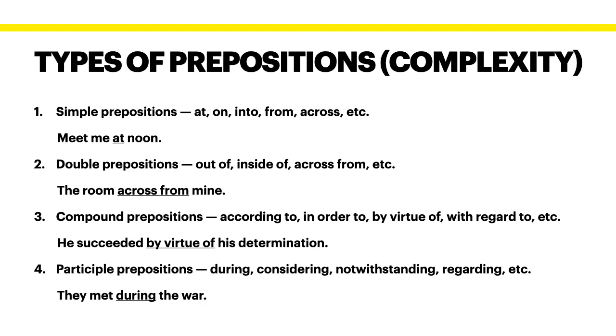So these are some examples of prepositions in English, and it is usually mentioned that prepositions are a very important part of the English language. It is very easy for people who are learning the language initially to use the wrong prepositions.